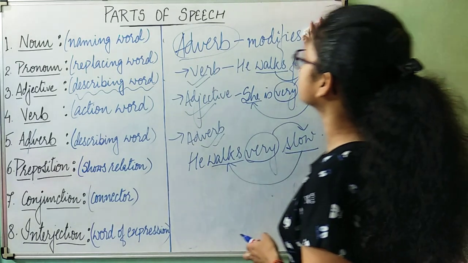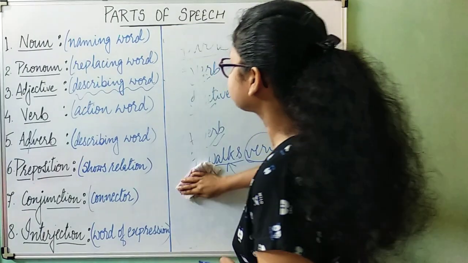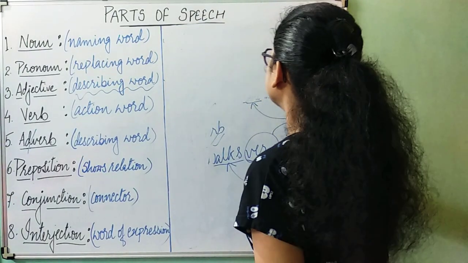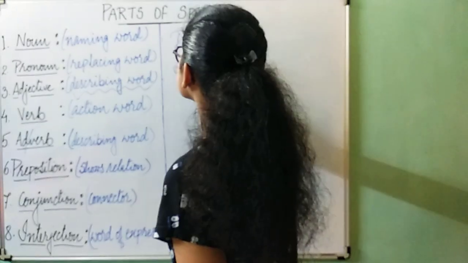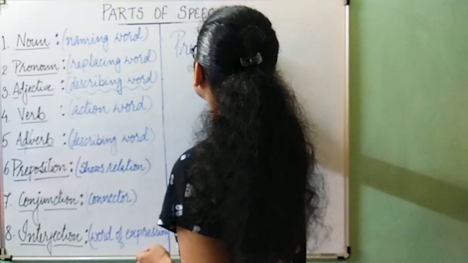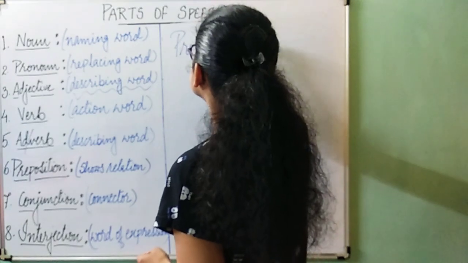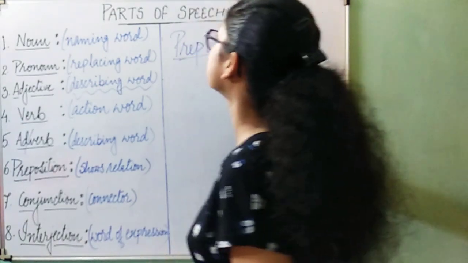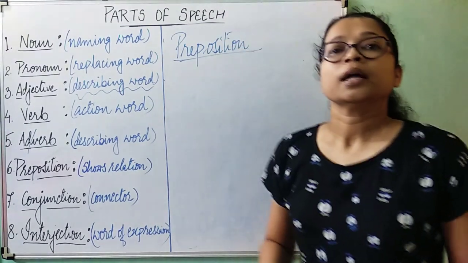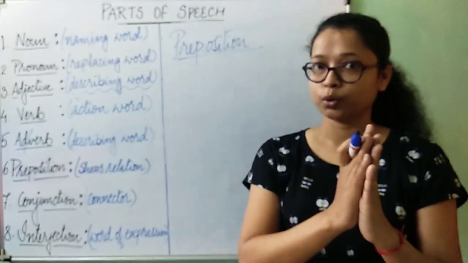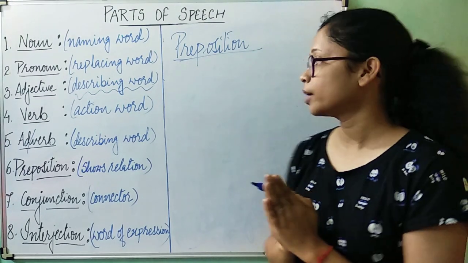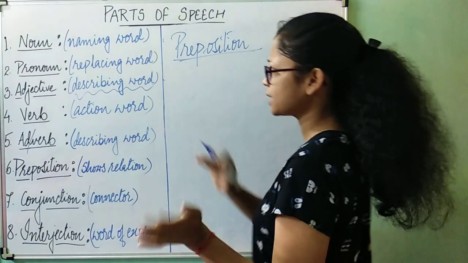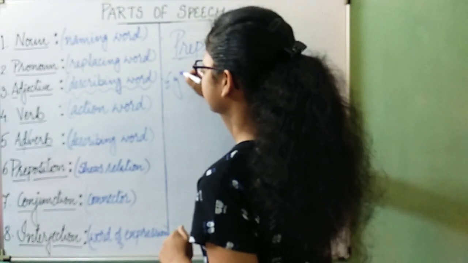Now next we are moving to prepositions. A preposition is a word which tells us the relation between a noun or a pronoun and some other words in a sentence. Let's see this with an example.